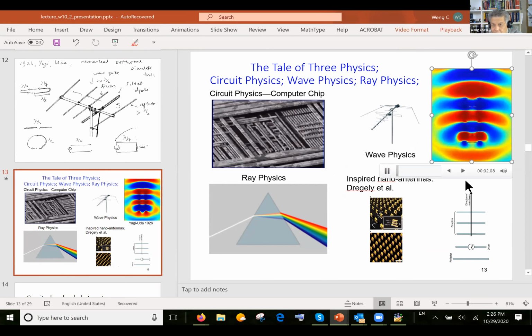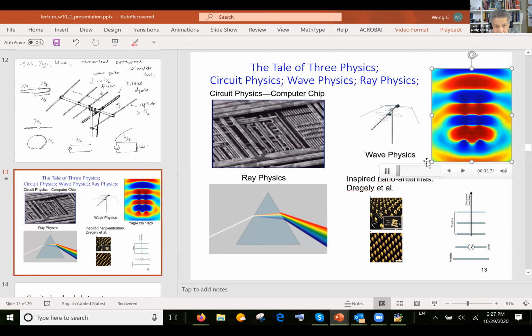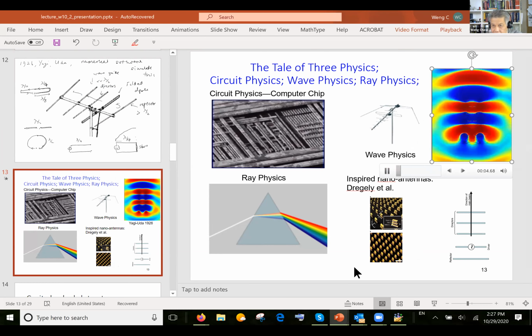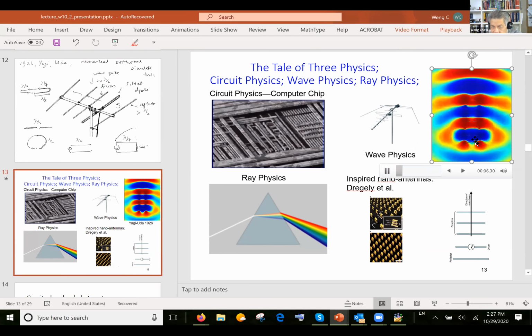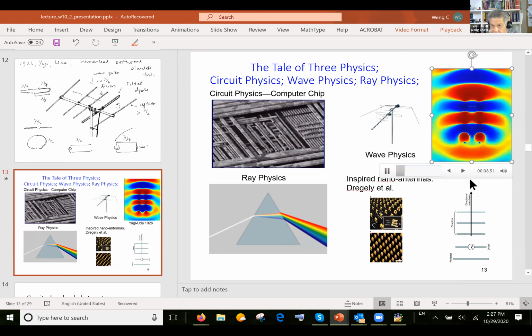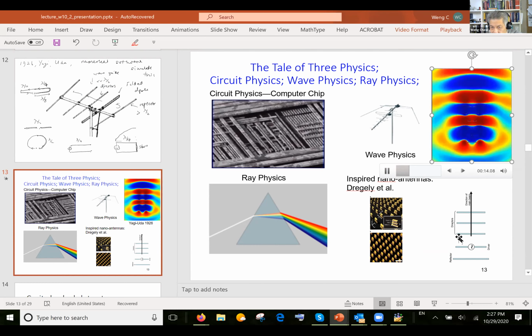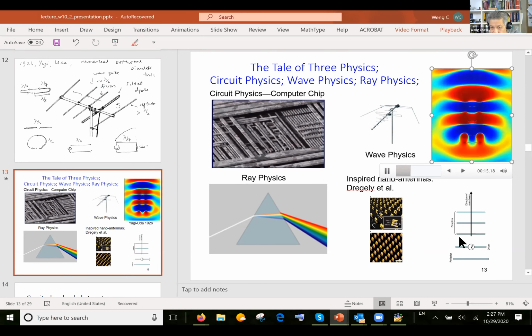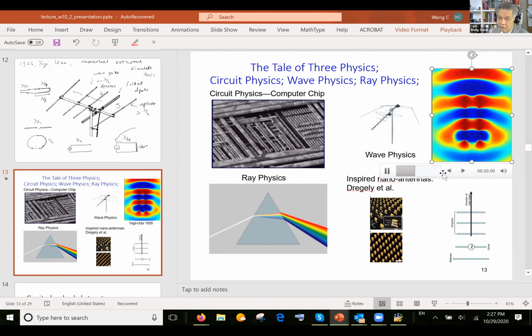You can see that the wave is being guided by the array down here in the forward direction. But this reflector is bouncing the wave so that all the energy of this dipole antenna is being guided forward.